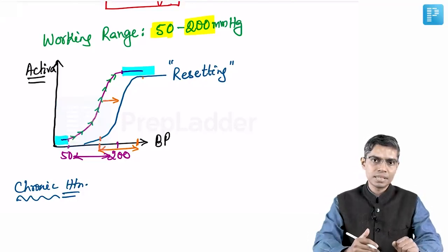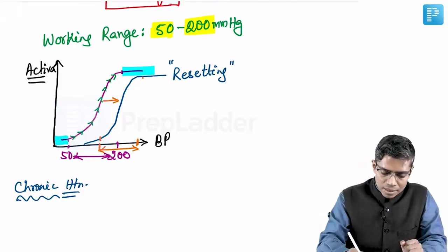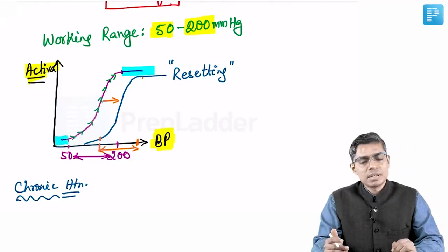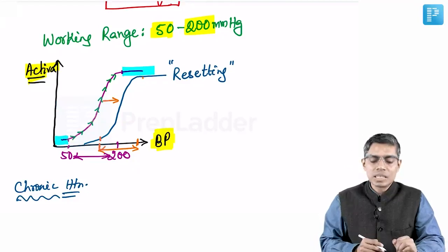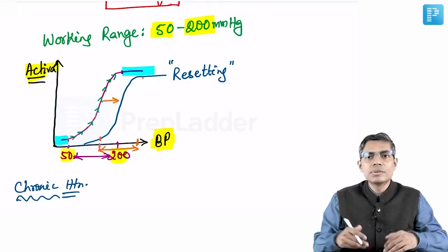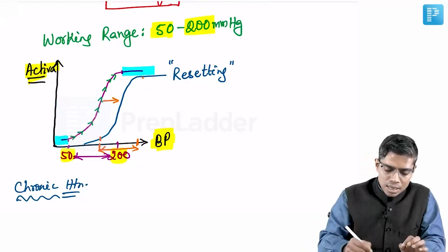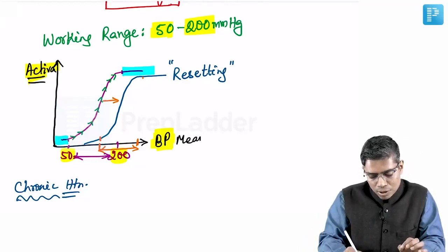This setting is known as the resetting of the baroreceptor function curve, right? Here we were plotting the baroreceptor activation in response to blood pressure. If I ask you, which blood pressure are you talking about, sir? This 50 to 200, which blood pressure is this? Systolic blood pressure? No. This is the mean blood pressure I am talking about.